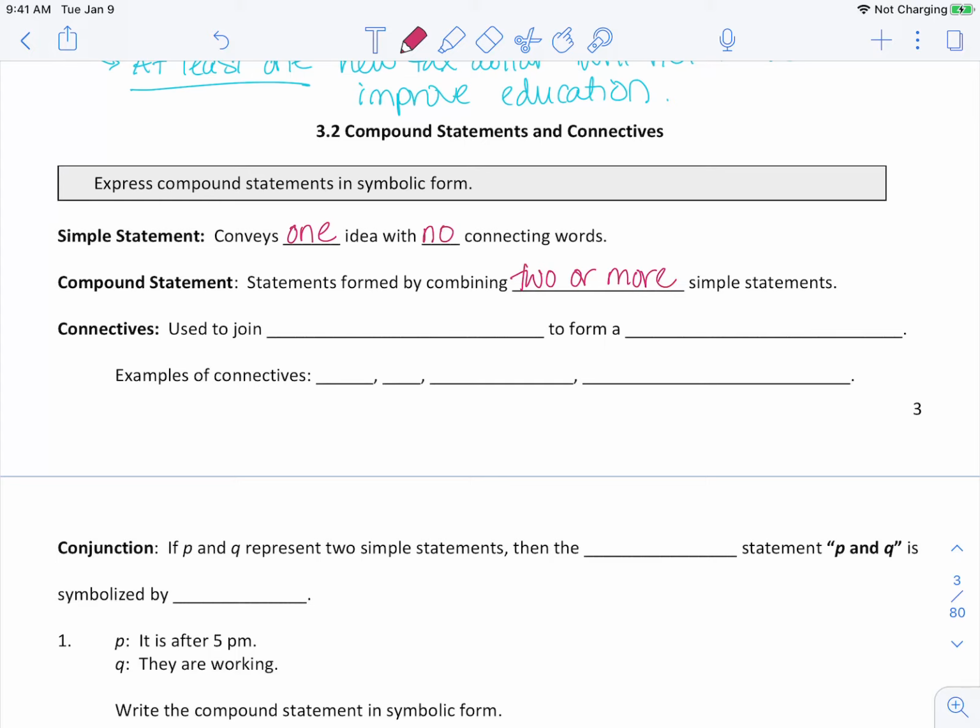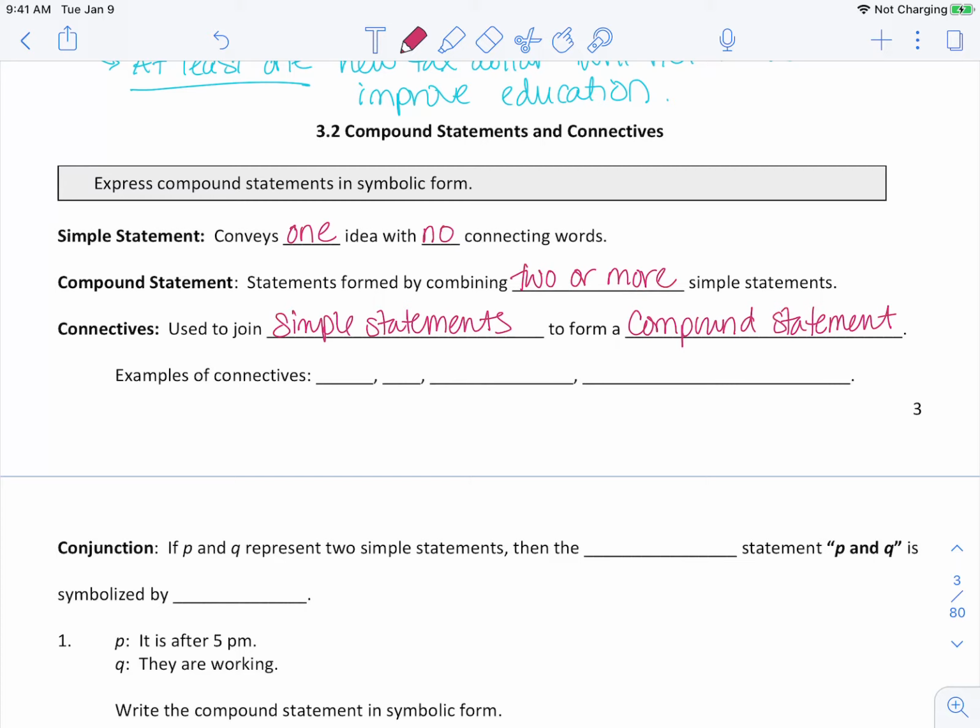Connectives. This is used to join simple statements to form a compound statement. So again, connectives, these are used to join simple statements to form a compound statement.